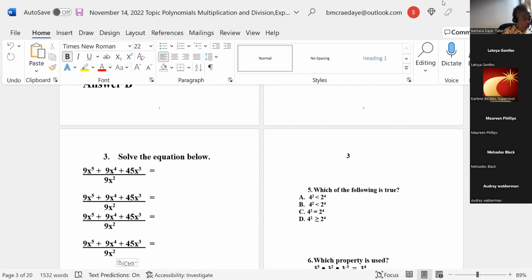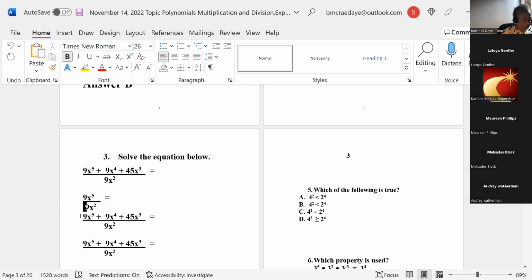So this first one will be 9x to the 5th divided by 9x to the 2nd. So let me just take those out. So do that one. You know what you do when you're dividing. You subtract the exponents, right?